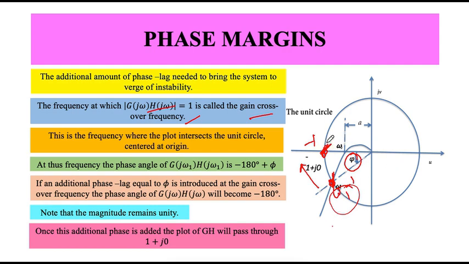Note that the magnitude will remain unity. So the additional phase angle phi is called the phase margin. How do I compute phi?